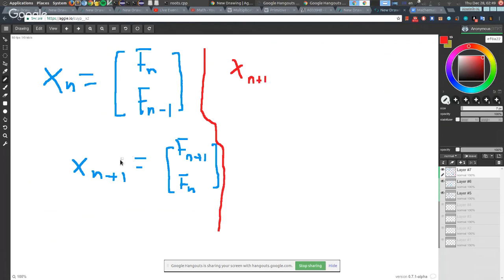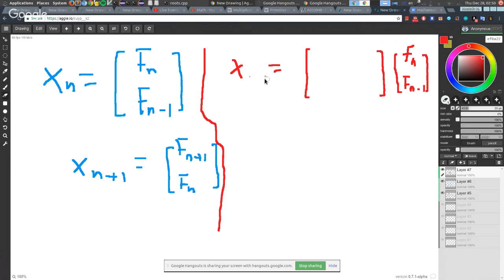So xn plus 1 is equal to, here I'll just put the value of this vector.